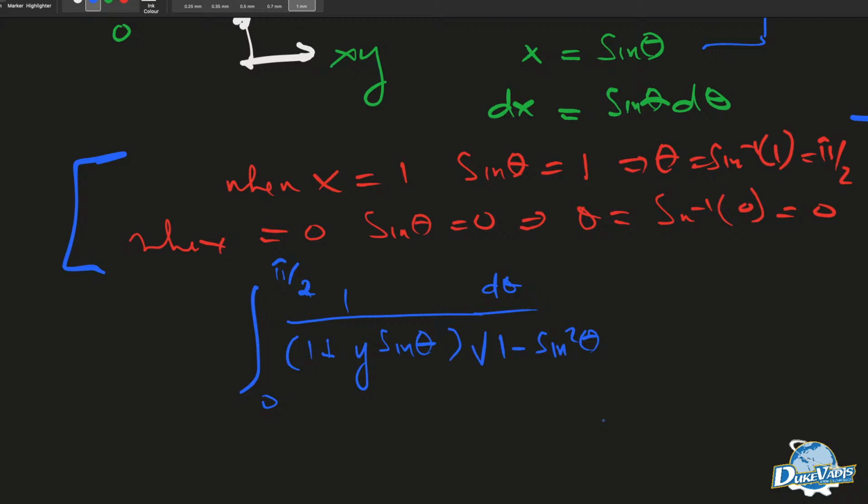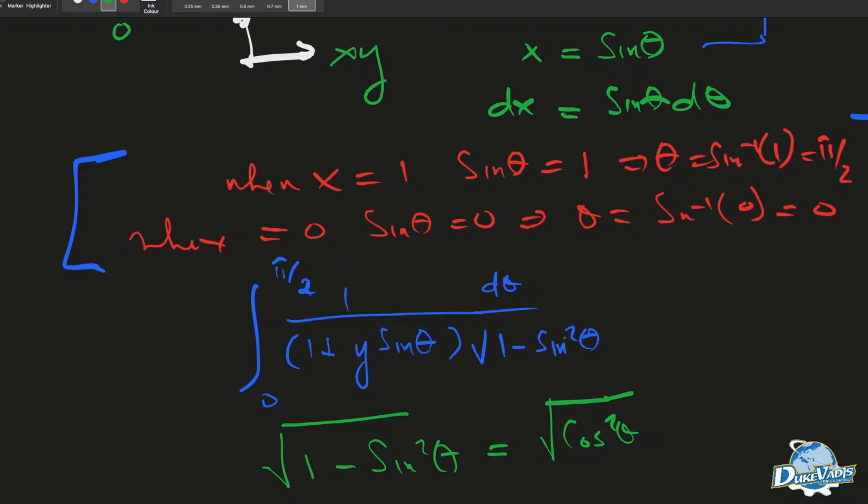Also bear in mind that the square root of 1 minus sine squared theta over here, we can write as the square root of cos squared theta. Look at it very carefully.